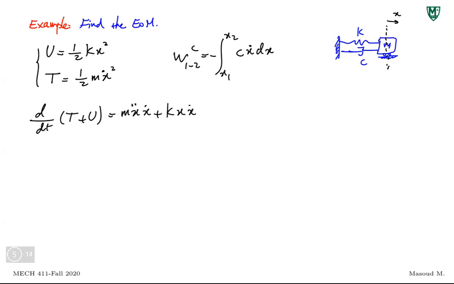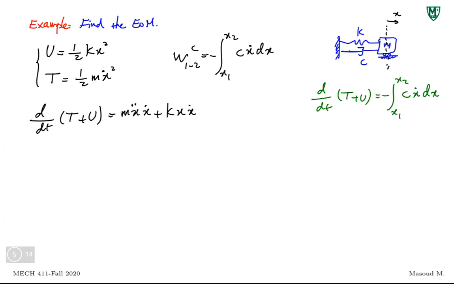This is the left side of the equation, because we're trying to form d/dt of T plus U is equal to minus the integral from x1 to x2 of c x dot dx. That's the general expression you want to form to get the equation of motion.